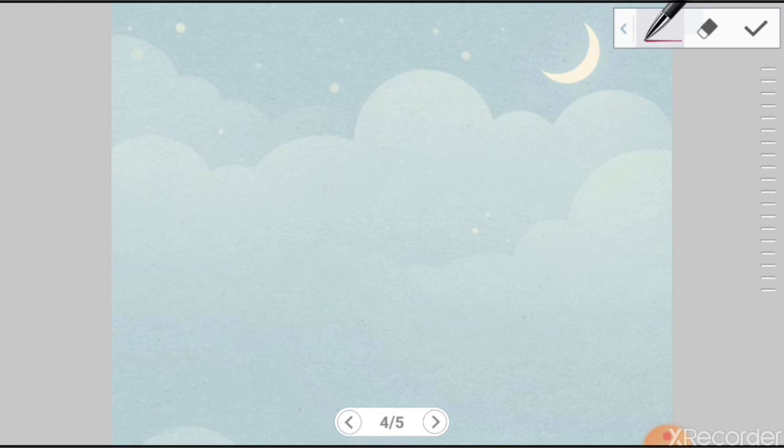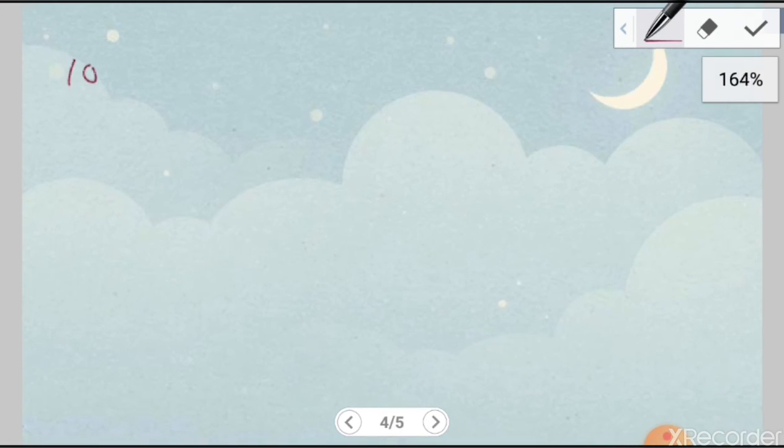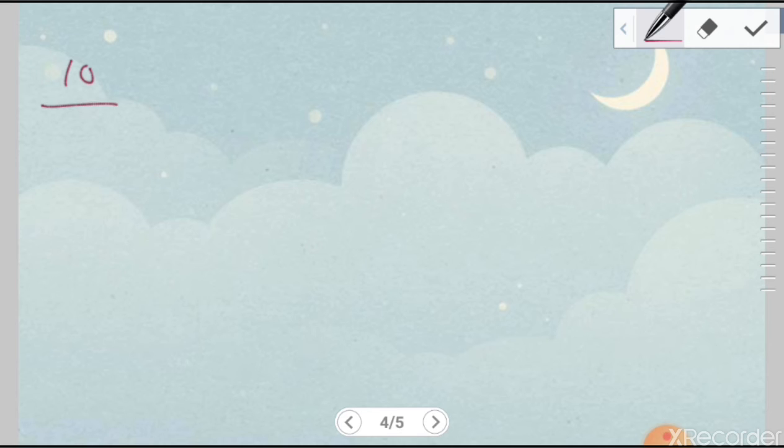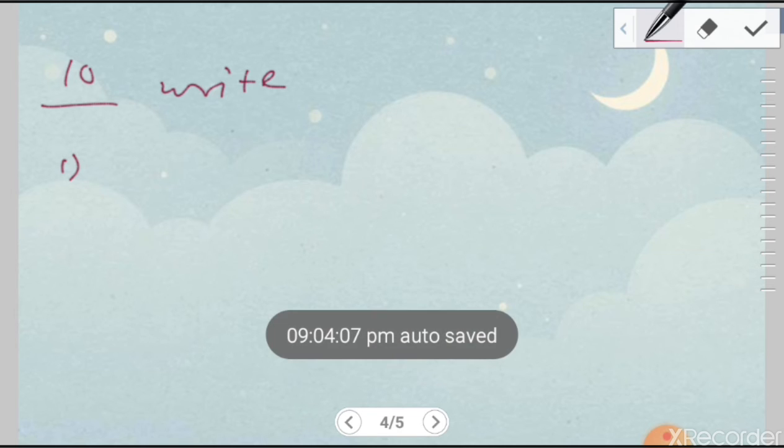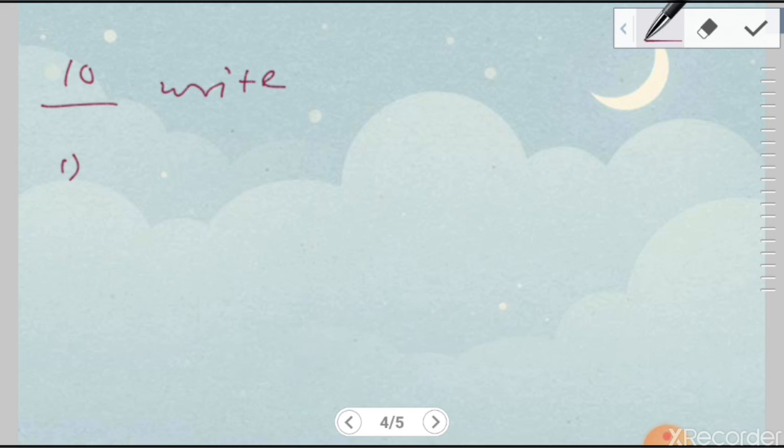Now in question 10, write the rational number that doesn't have a reciprocal. There is only 0 which has no reciprocal. In the second one, the rational numbers that are equal to their reciprocal.